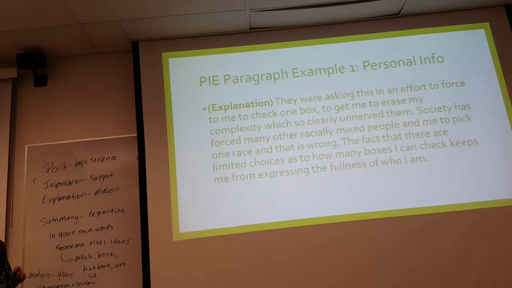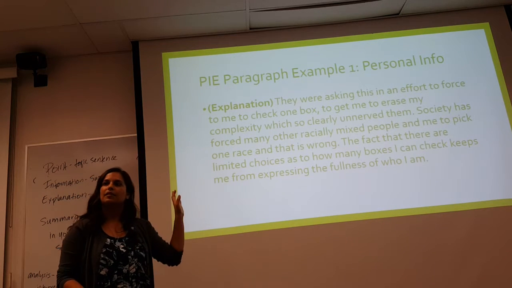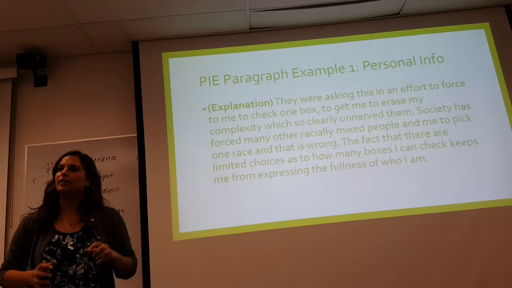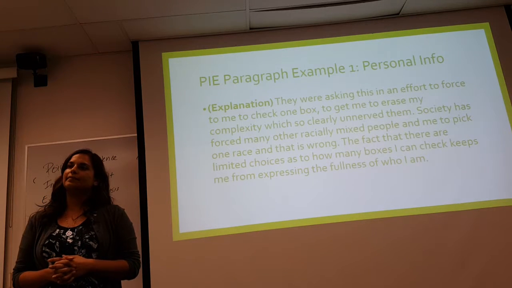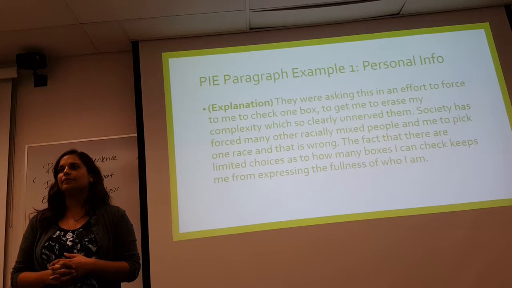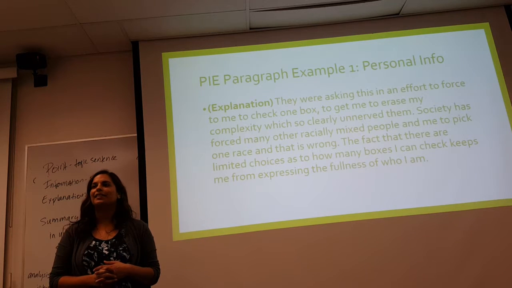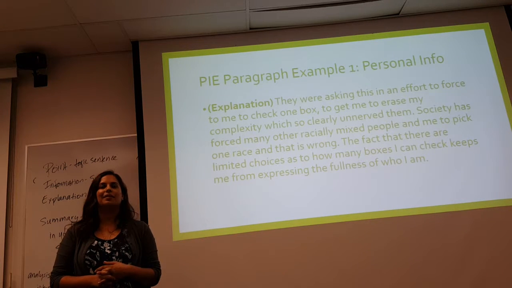The fact that there are limited choices as to how many boxes I can check keeps me from expressing the fullness of who I am." So what do you notice is going on now? She's giving details to make you understand what happened in that situation, details that help us understand more. Yeah, good. What else do you see?